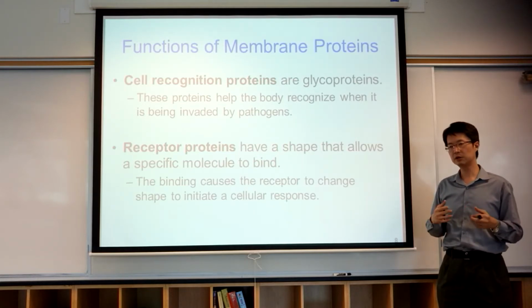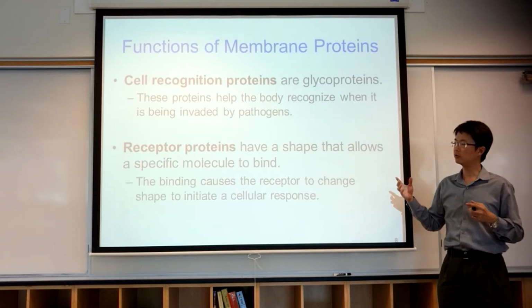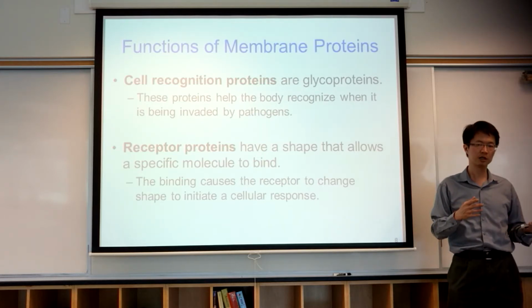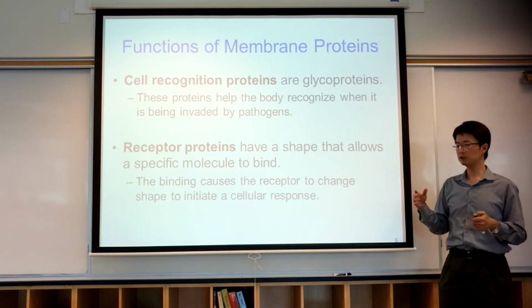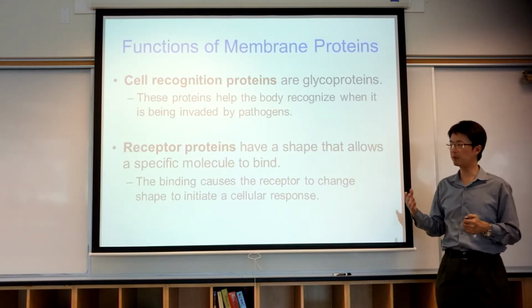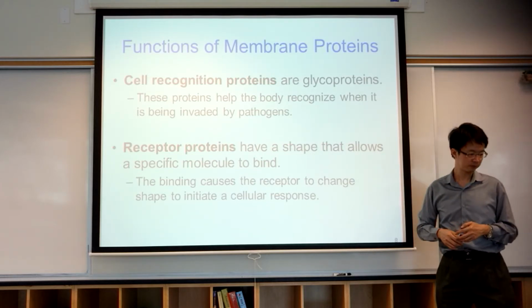Two common types are hormone and neurotransmitter. Hormone is a signaling molecule. When hormone binds to the receptor protein on the cell surface, it can bring changes to the cell. Neurotransmitter is also a signaling molecule that can bind to the receptor protein on the nerve cell, or neuron.